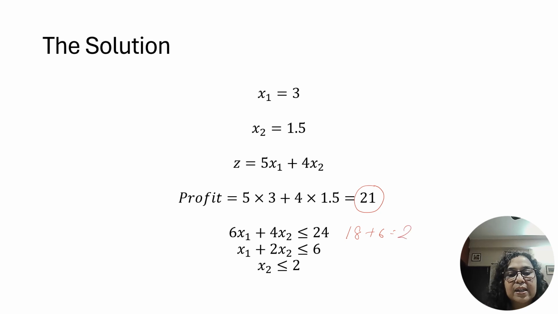So it is exactly satisfied. Then x1 plus x2, 3 plus 1.5... this is exactly satisfied. And then I have x2 less than or equal to 2, so x2 is 1.5, so it is less than. So all these are satisfied. Of course, all are positive, not negative, so that is also satisfied. So we have solved the maximization problem graphically.